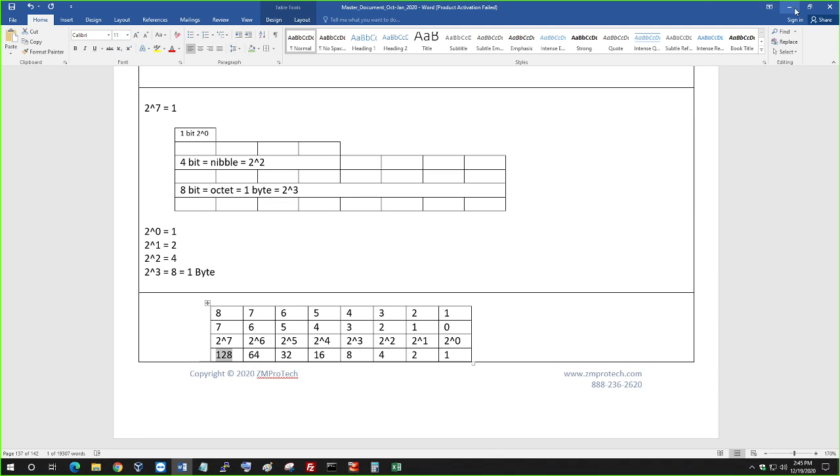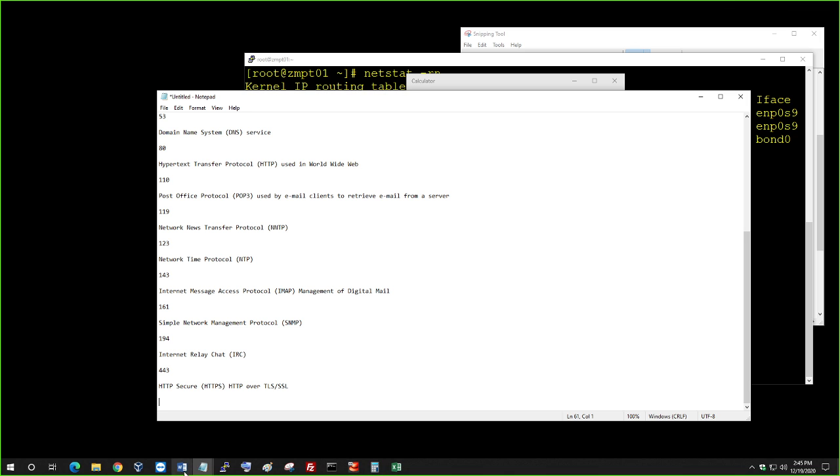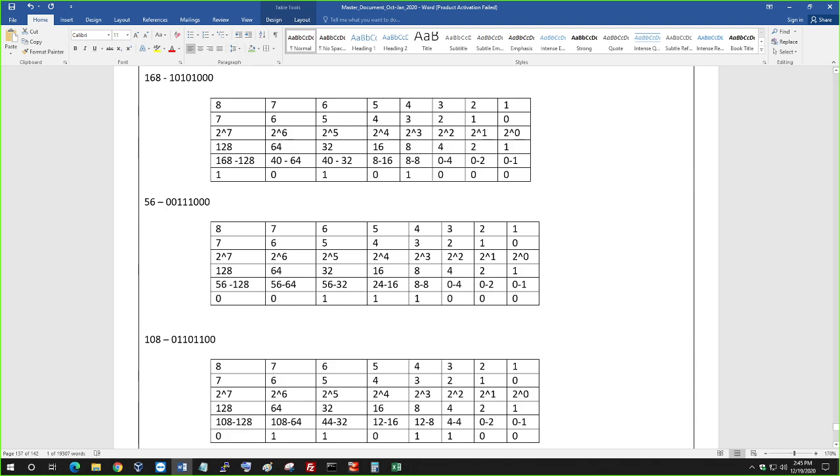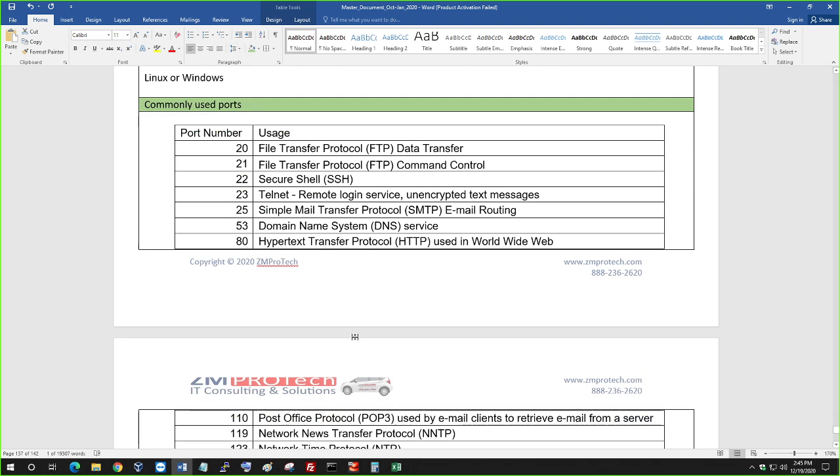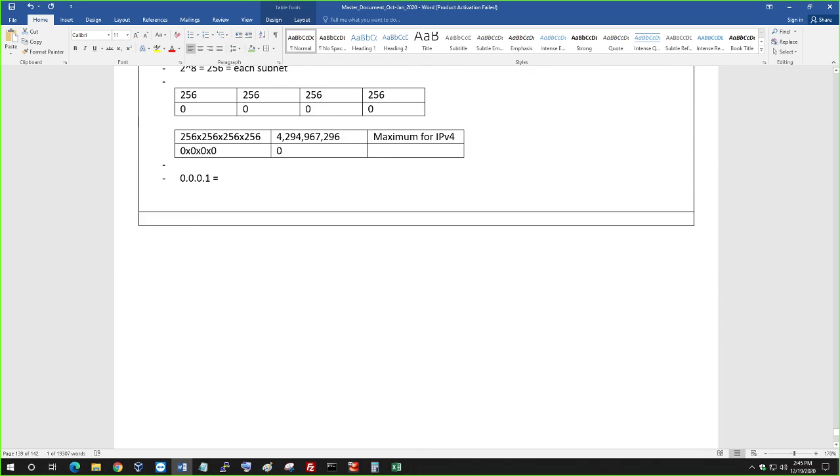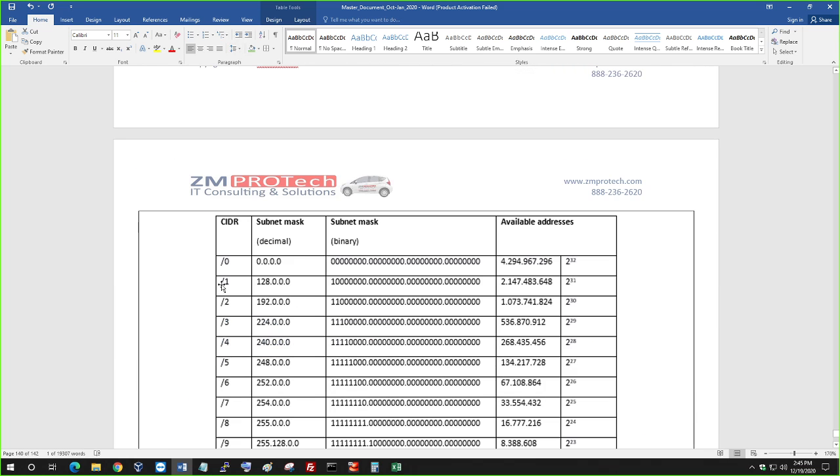So it starts from 128, followed by 3 zeros.